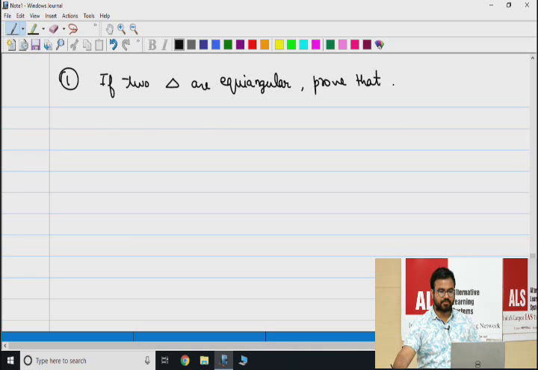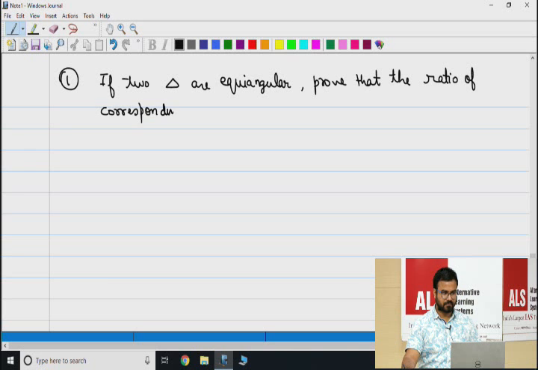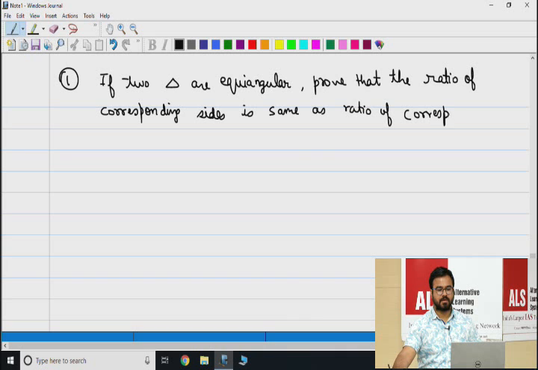So if two triangles are equiangular, prove that the ratio of corresponding sides is the same as the ratio of corresponding medians. In place of median, it can be altitude, it can be angle bisector also.